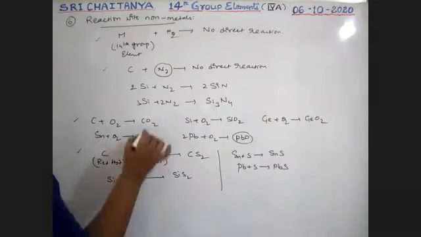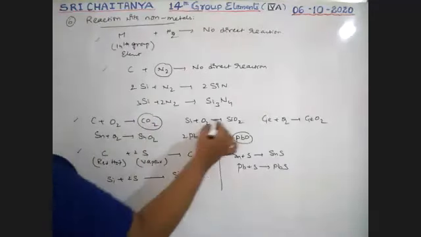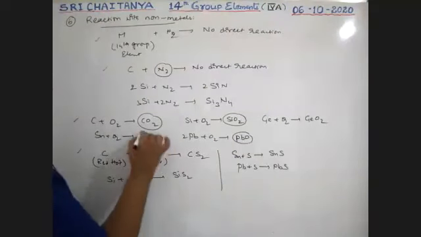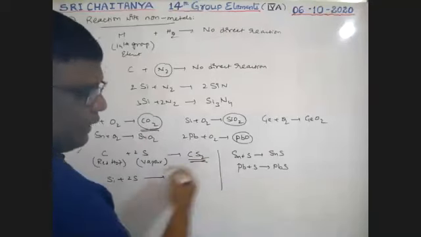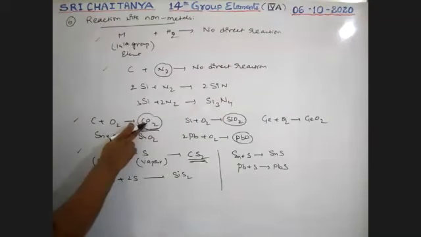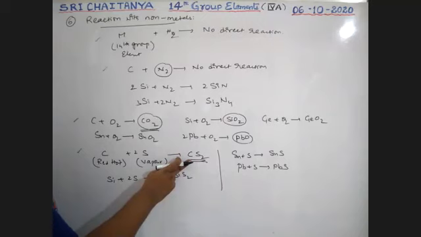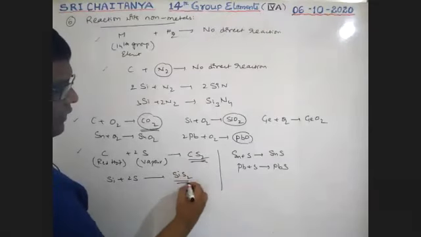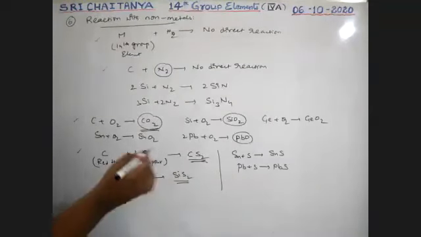Now, what about carbon dioxide and SiO2? And next, carbon disulfide CS2. Carbon dioxide and carbon disulfide, and at the same time, carbon disulfide in comparison with SiS2. So let us observe one by one, boys.